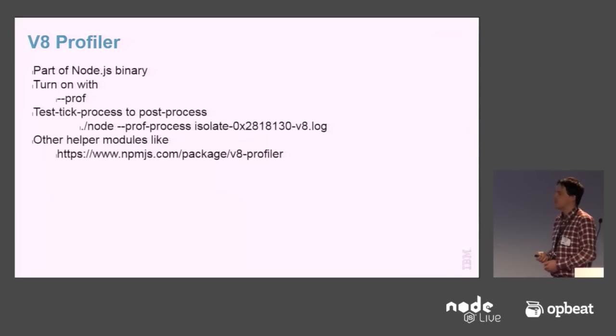So in more recent versions of Node 4 and Node 5, you can use --prof-process, and that'll go and post-process this log and put it in a format that's a little bit more readable. There are also some helper modules, for example, v8-profiler, which will let you programmatically enable and disable the V8 profiler.